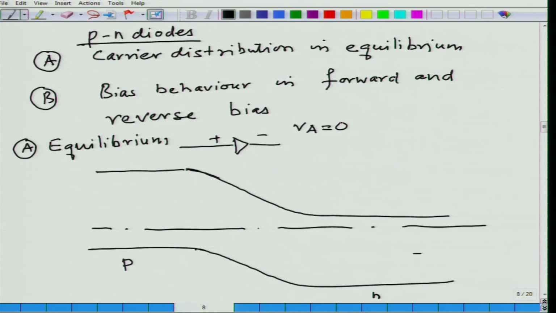So, this is my device in equilibrium, and this is a p-n junction, the metallurgical p-n junction, and that is the built in potential.